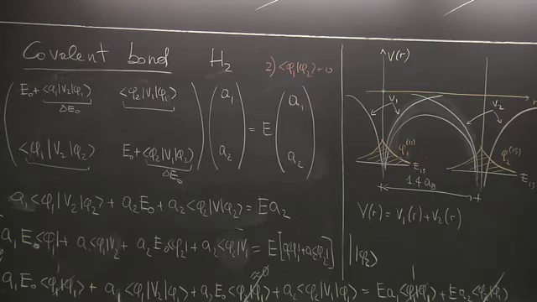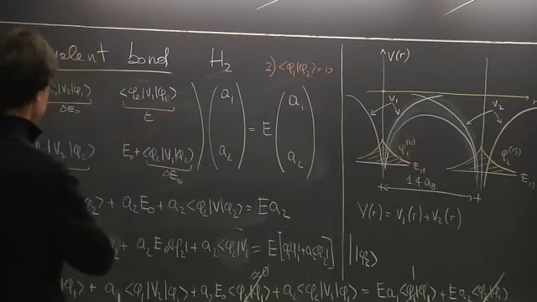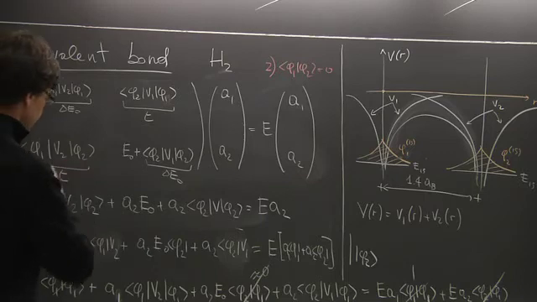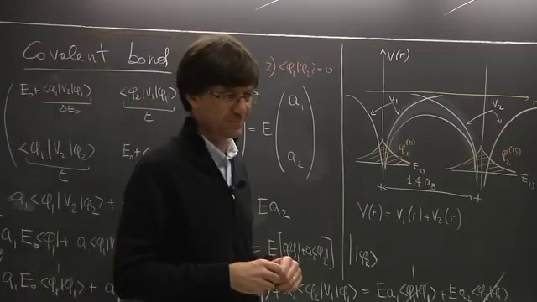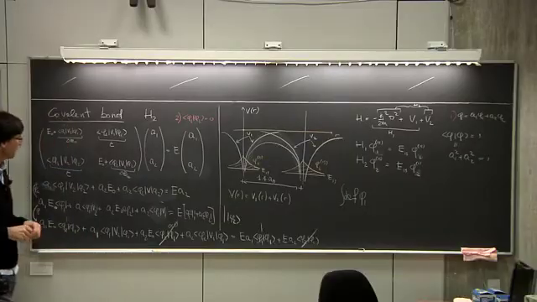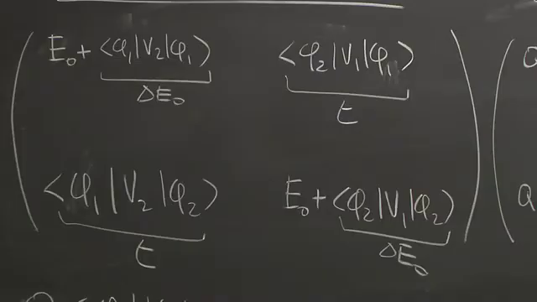All right? This term here, I call it T. In solid-state physics, this typically takes the name of hopping parameter. It's called hopping because you're jumping from one wave function to the other one.